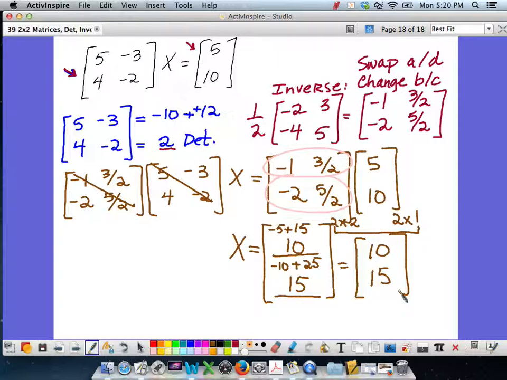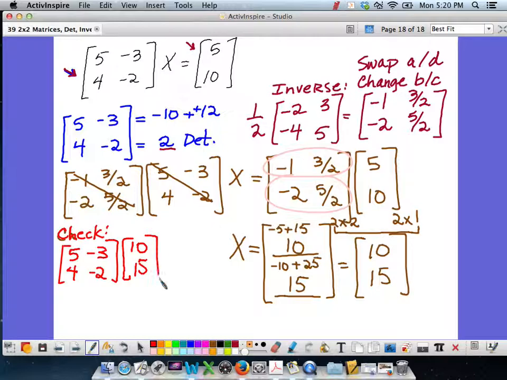Again, to remind you how to check it, I go back and look at my problem up here, and I'm just going to substitute in. I have 5, -3, 4, -2, times the answer that I'm thinking it is, 10, 15.